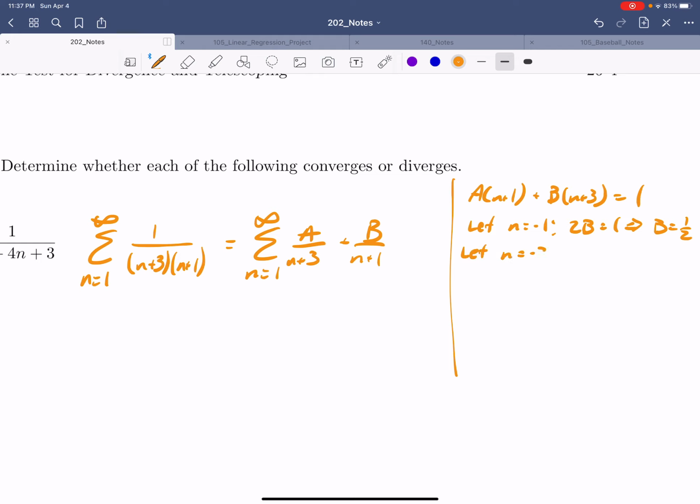Letting n equal negative 3 gives us negative 2a equals 1, which implies a equals negative 1 half. Okay, so them's our answer. Now we can rewrite this as negative 1 half over n plus 3 plus 1 half over n plus 1.